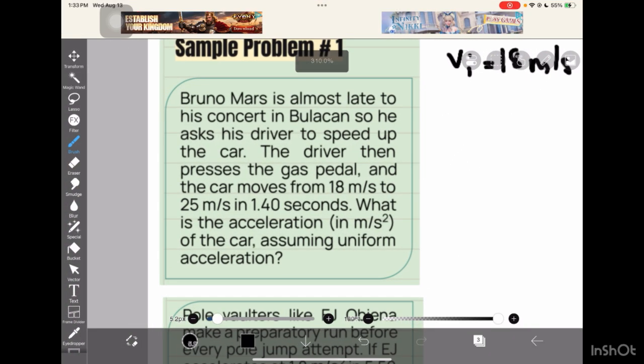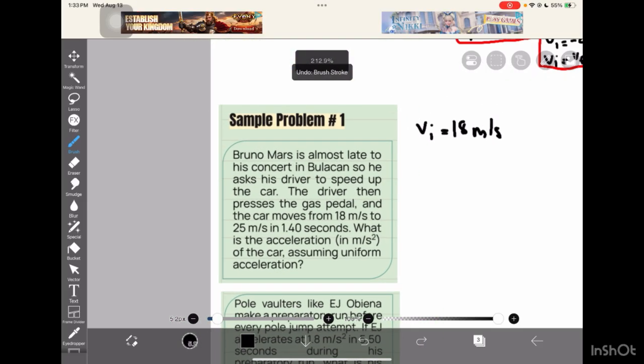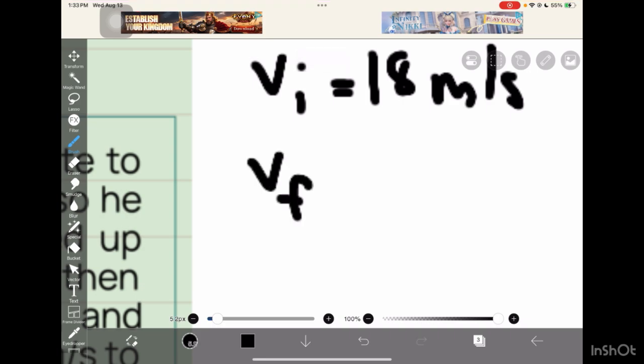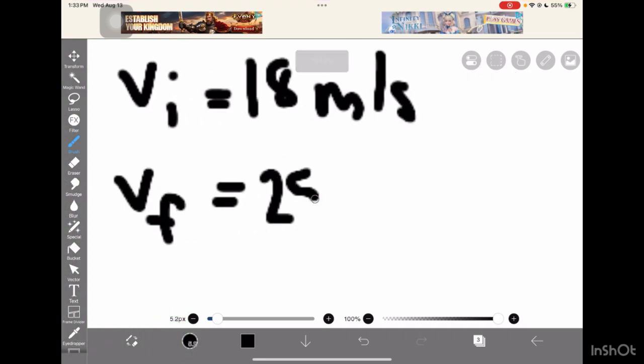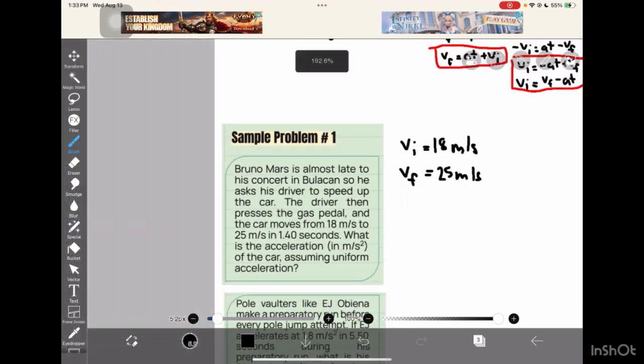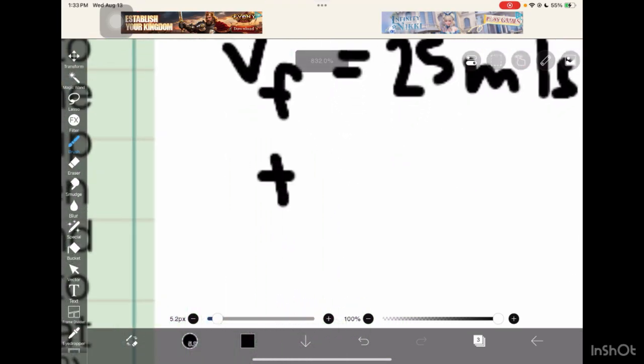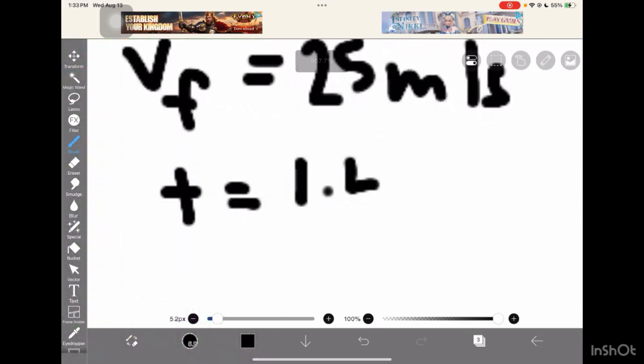Next, to 25 meters per second. The "to" indicates that that's the final velocity, 25 meters per second. In 1.40 seconds indicates time. So time is equal to 1.40 seconds.